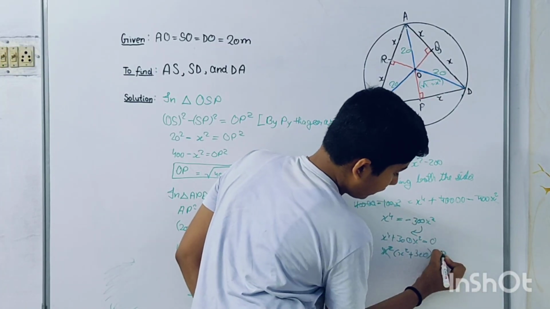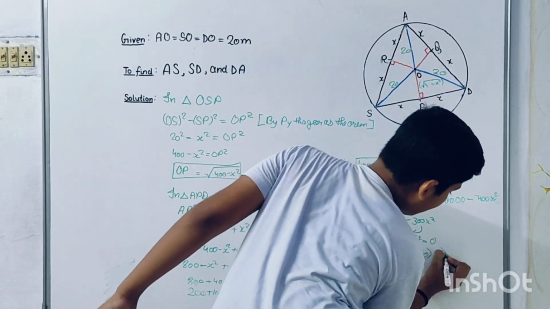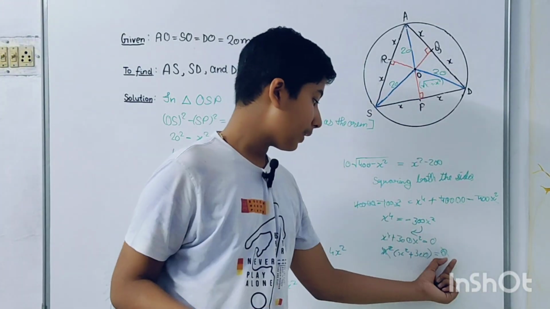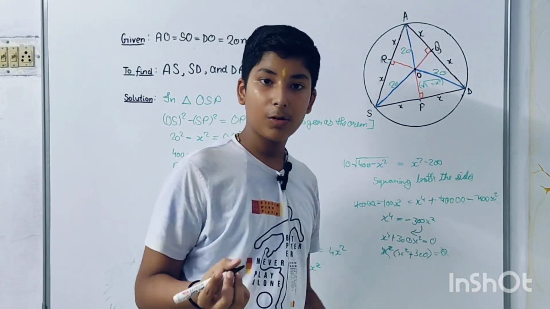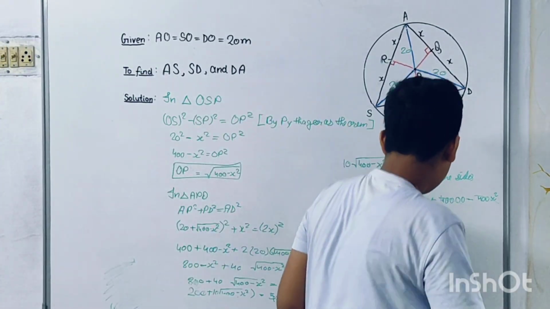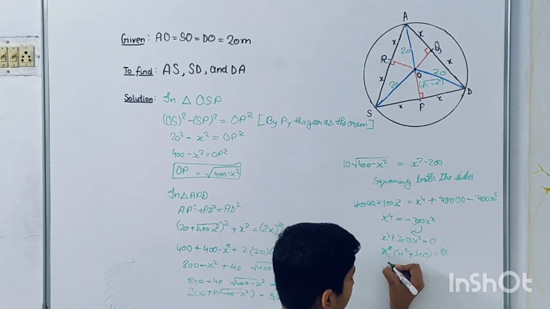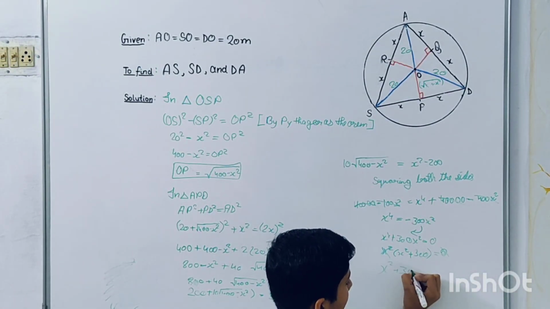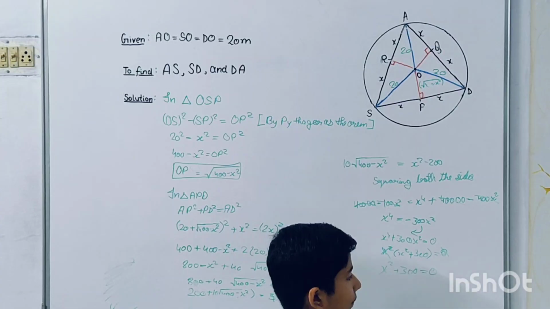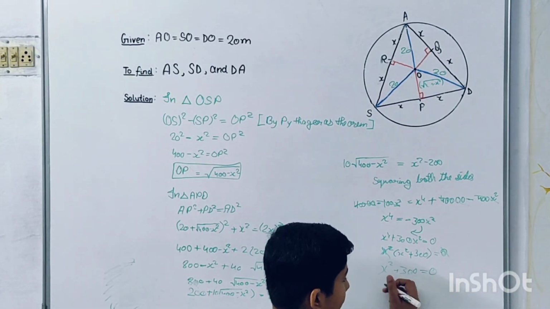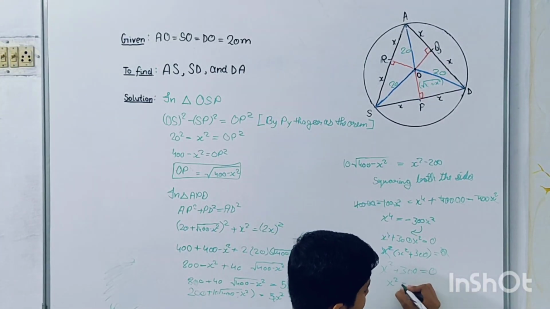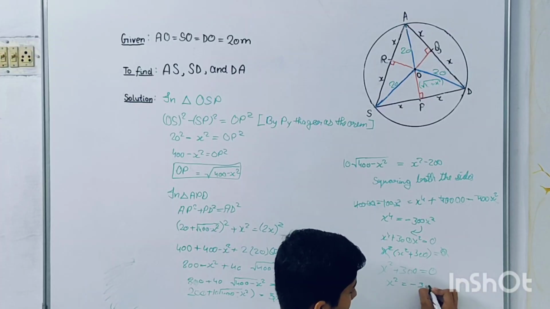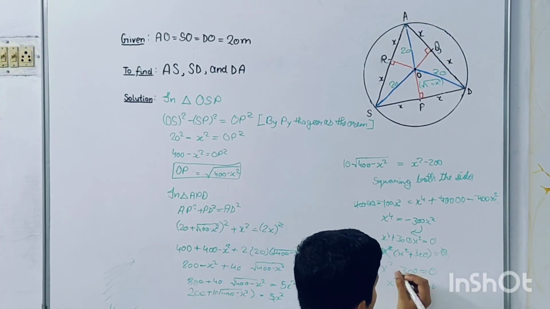Here it will go divide and x square will get cut. So x square plus 300 equals 0. Okay, x square equal to minus 300, and it would be plus 300.